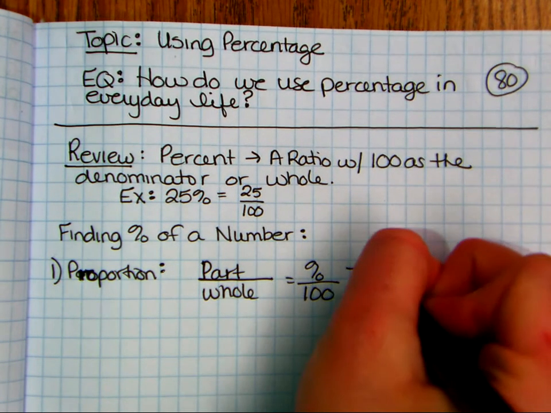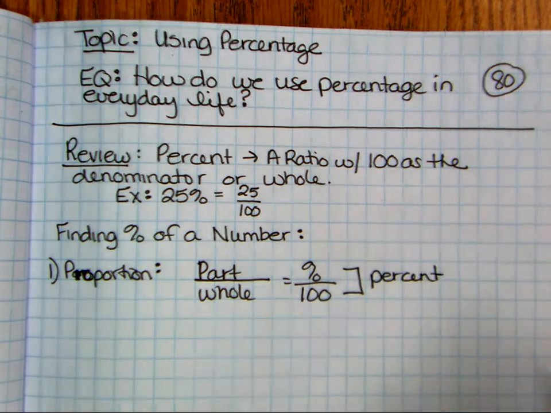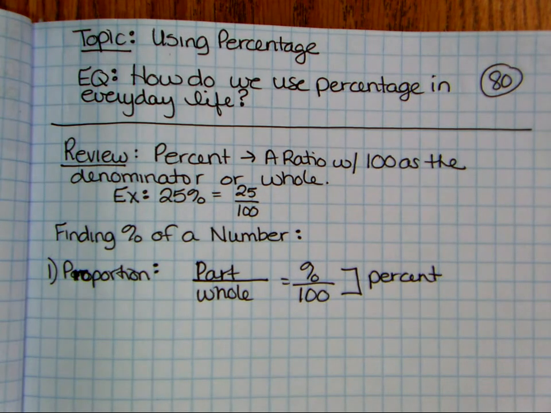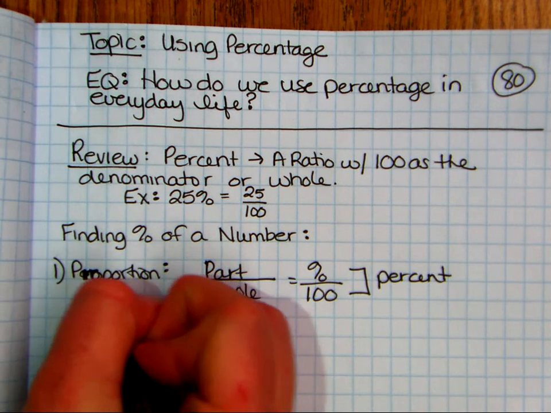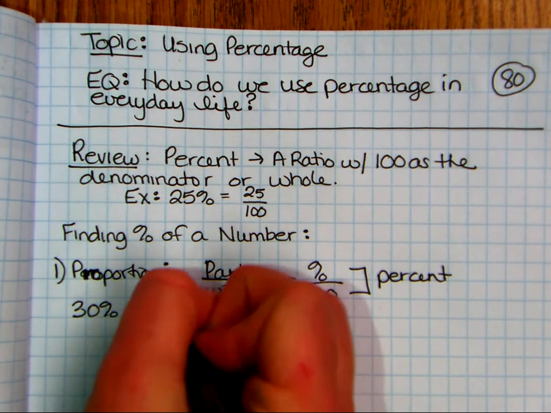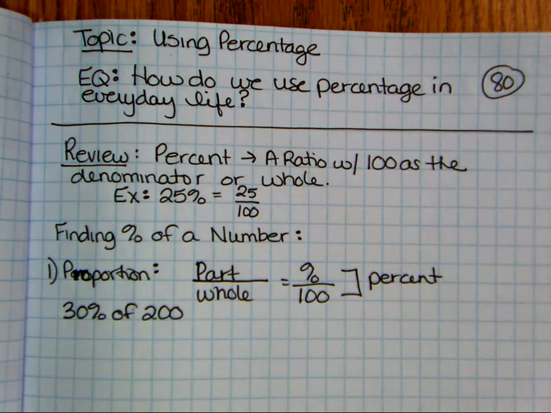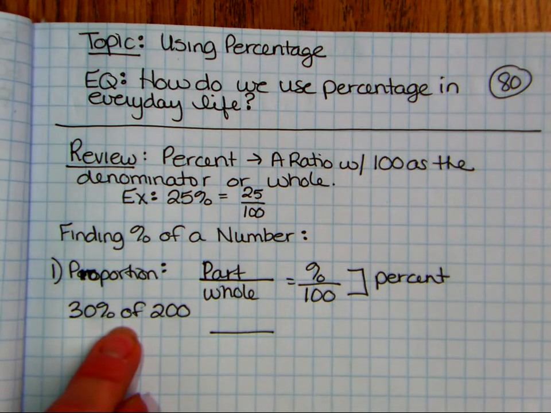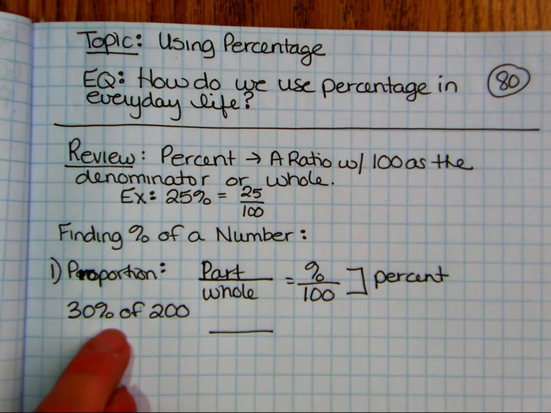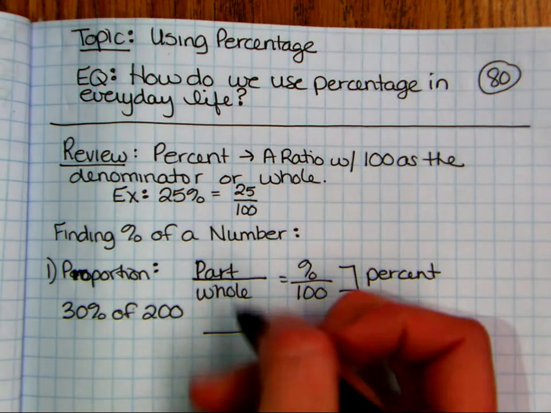remembering that this is the percent sign. That's the side with the percent on it. So let's do an example. If I was to try to find 30% of 200, remember that "of" is a clue word that tells us that's the full amount. A part of 200.